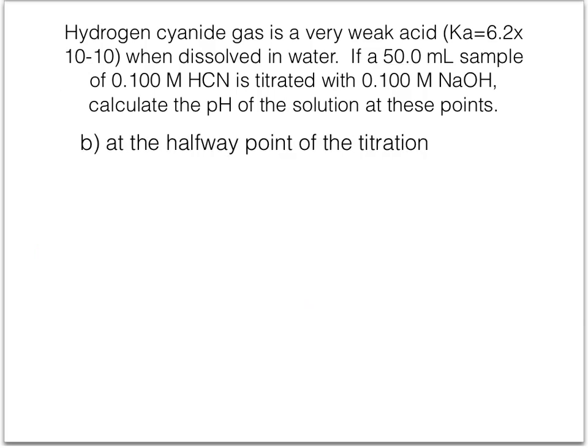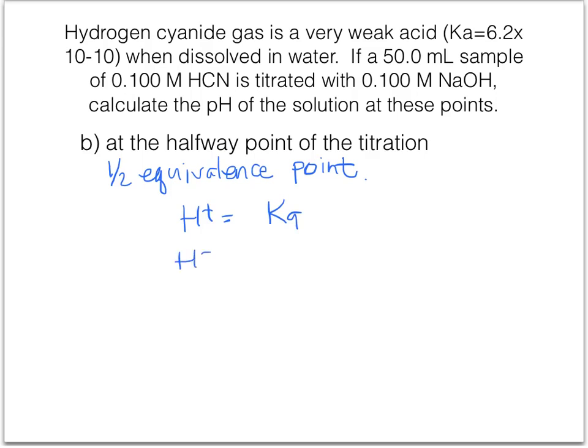The next point along the way is the halfway point. Halfway point is the same thing as the half equivalence point. Right? And what did we say at the half equivalence point? At the half equivalence point, we said that the H plus concentration is going to equal the Ka.